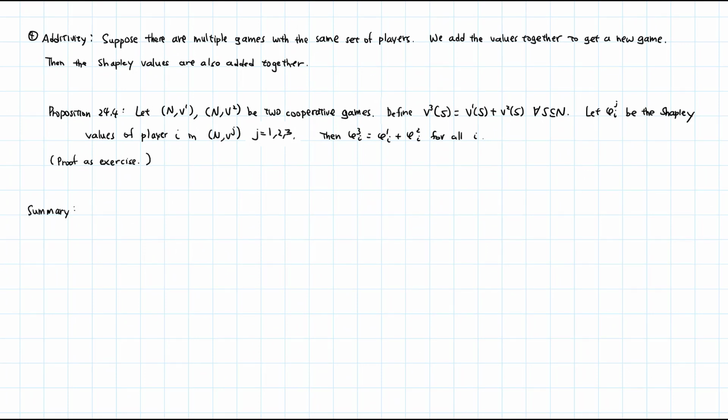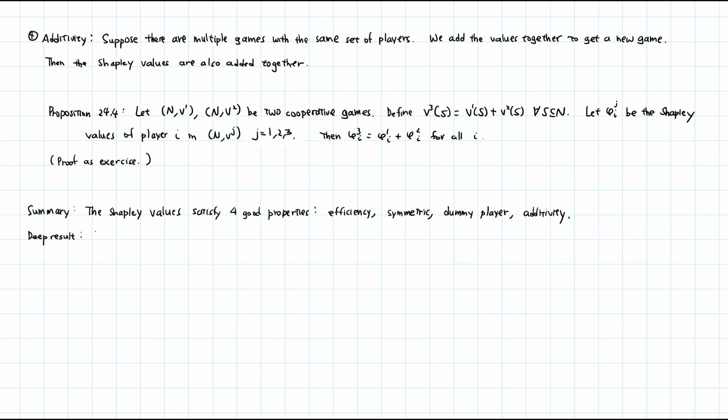So in summary, Shapley values satisfy 4 good properties: efficiency, symmetry, dummy player, and additivity. Now there is a good reason why these 4 properties are specifically discussed here, and that is because there is a deeper result about Shapley values that we will not prove here.